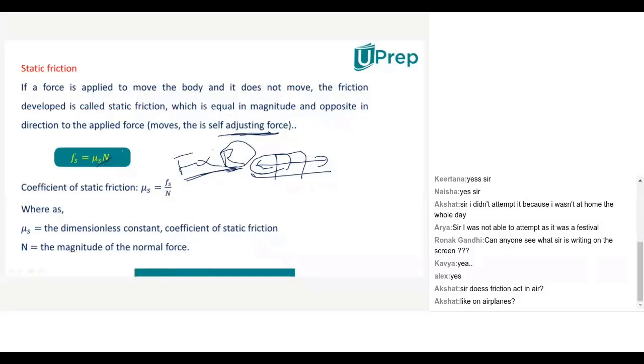It's a force acting perpendicular to where the friction happens. The force acting perpendicularly. By what? To where the friction happens.